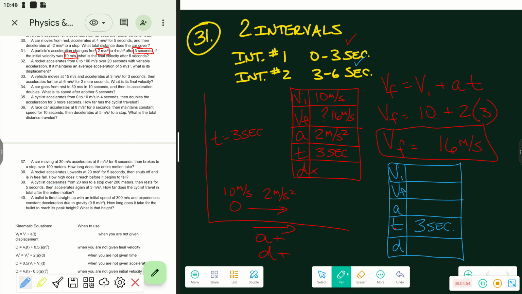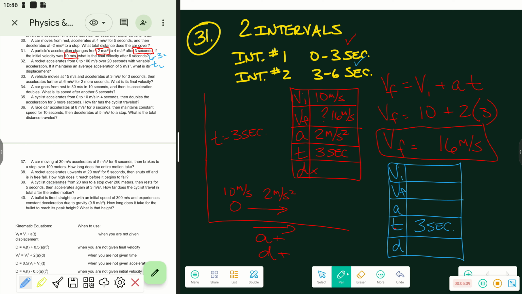Yeah, you got to do a second one because there's a second set of motion. Okay? So 3 seconds, because the final time total was 6. So 6 minus 3 equals T2, or interval 2's time, which is 3 seconds.